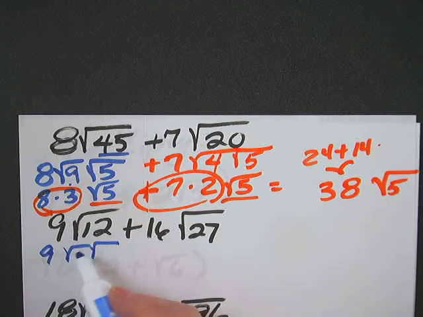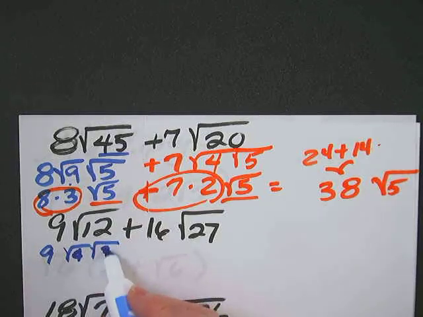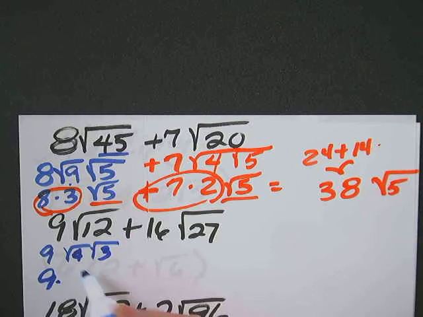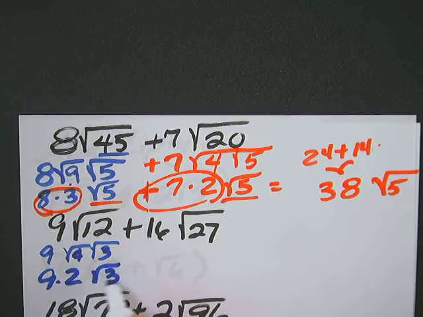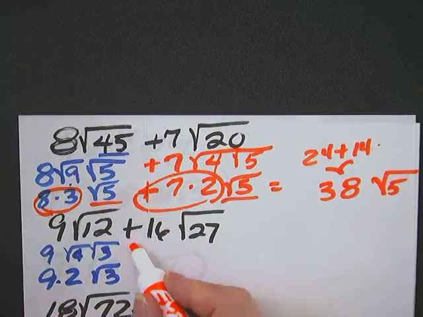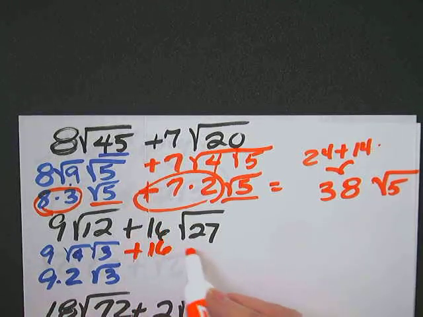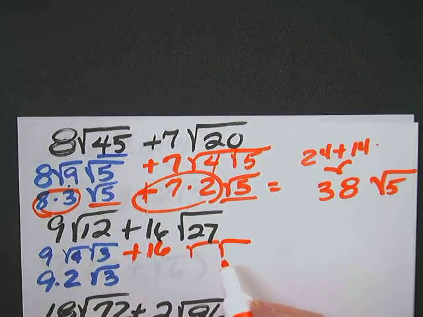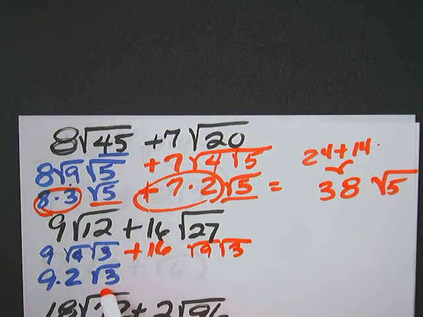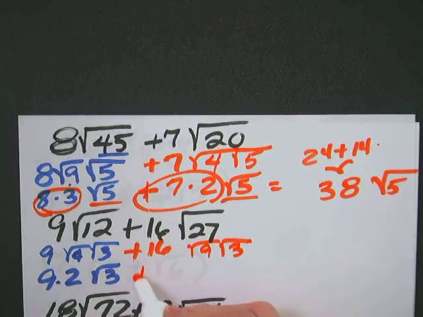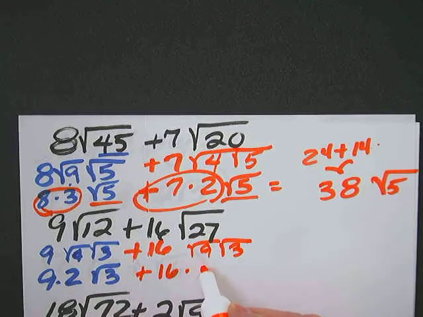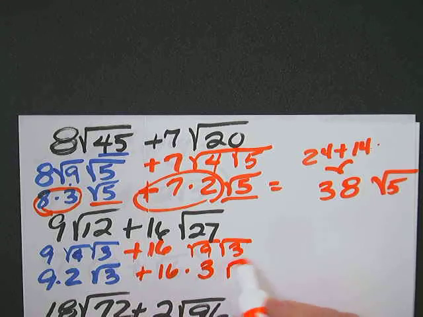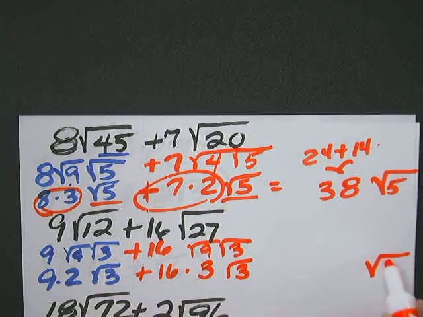Okay, let's do this one. Square root of 12 is what times what? 4 and 3. We want to put the 4 in front, not the 3, because we want this to come out to something. Square root of 4 is 2. It keeps everything lined up if you put the perfect square first. Okay, the 16. What times what is 27? 9 times 3. We could have guessed it would probably have a 3 because this one had a 3 at the end.